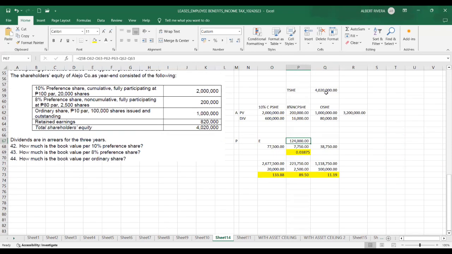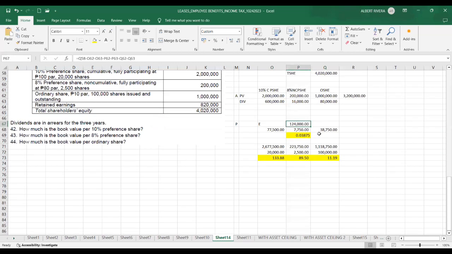So coming from 4,020,000 minus 2.6 minus 216 minus 1,080,000. That is 124,000. That should be allocated based on the aggregate par value. Kung masyado ng marami yung items, parang mas nakakatakot na mag 2 over 3.2 ka, 0.2 over 3.2, 1 over 3.2. Okay? Kaya mas maganda, computein mo na lang yung allocation factor. The allocation factor is this.